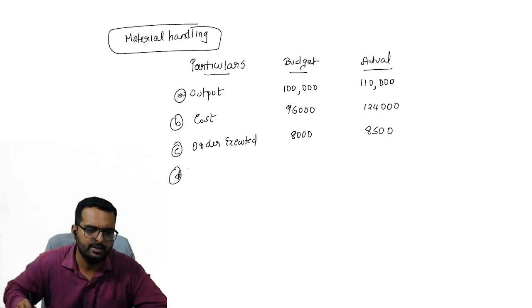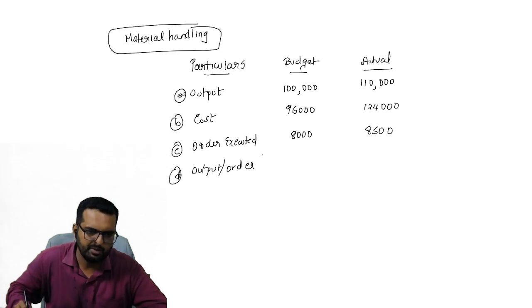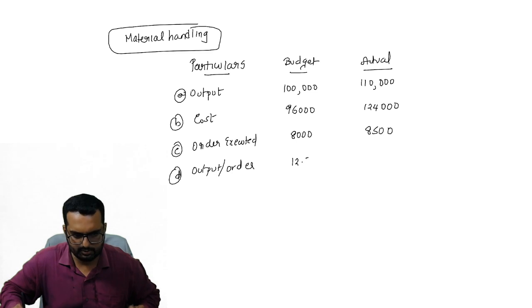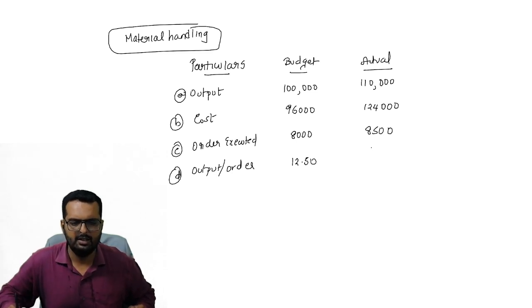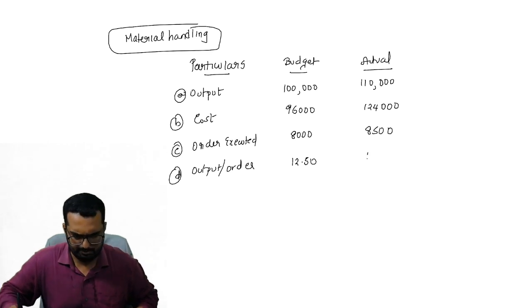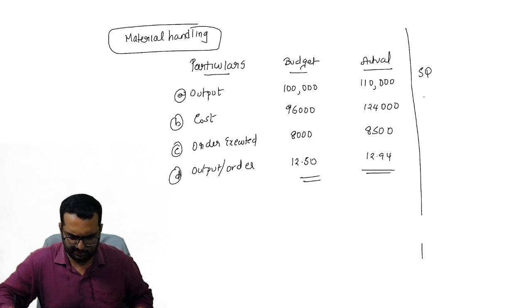From this, friends, can I find out the output per order? Do I get the answer as 12.5 for the first one? And the second one will turn out to be 12.94.